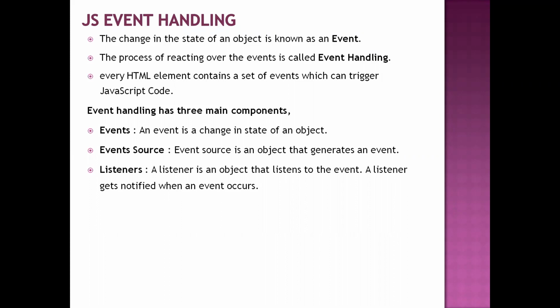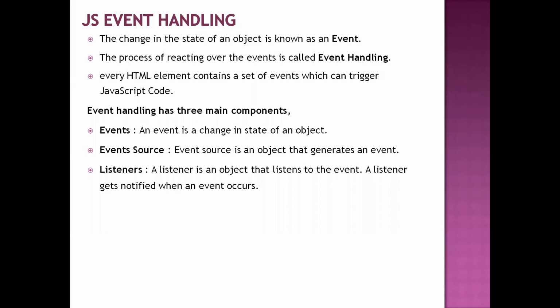Now I'll tell you a simple example. Just assume that we have a button on the form. Whenever I click on the button, I want to execute some function. I have linked one JavaScript function to my button whenever the on-click event is generated, right? So in this example, button is the event source.